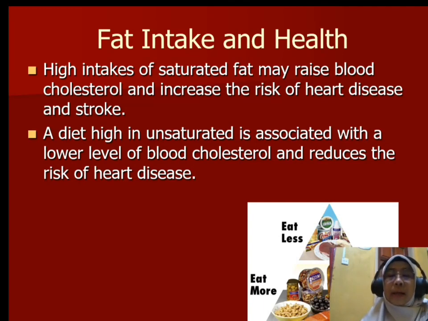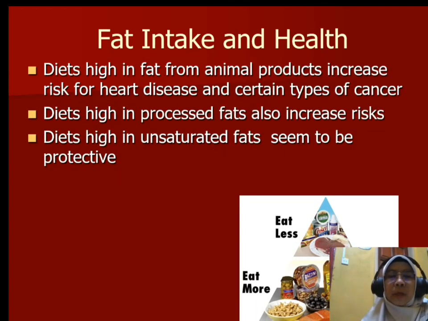A diet high in unsaturated fat is associated with a lower level of blood cholesterol and reduced risk of heart disease. Diet high in fat from animal products can increase risk of heart disease and certain types of cancer. Diet high in processed fat also increases risk. A diet high in unsaturated fat seems to be protective.